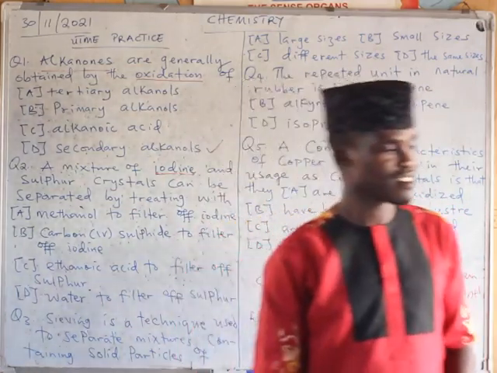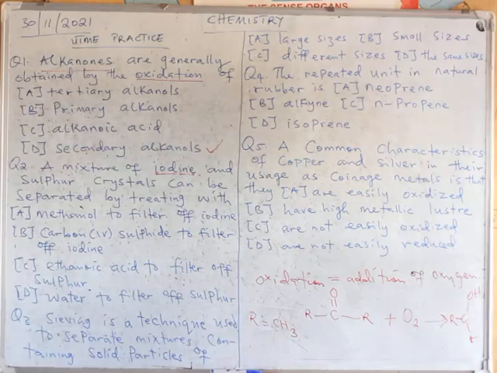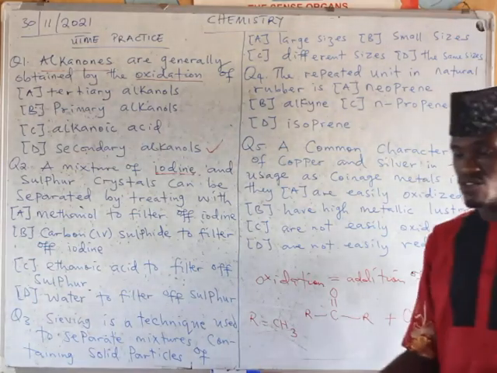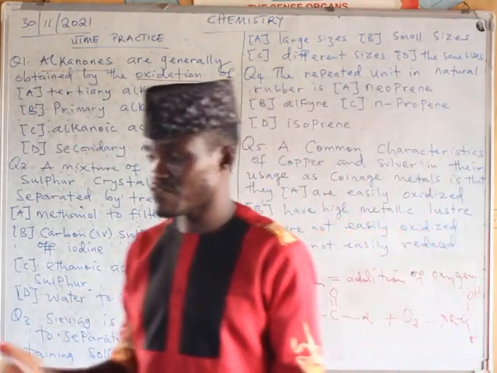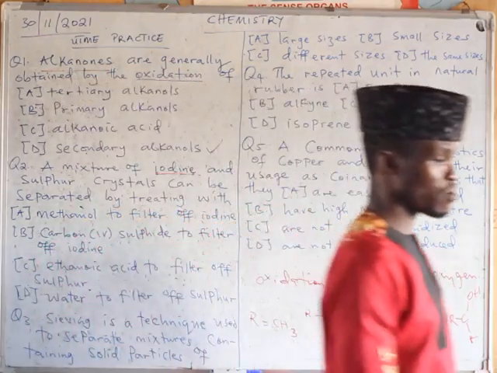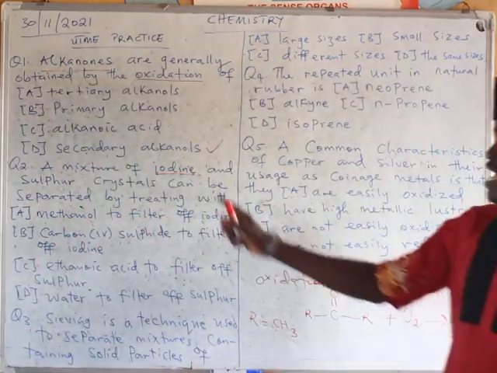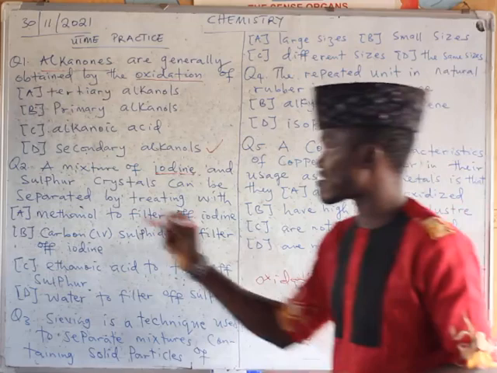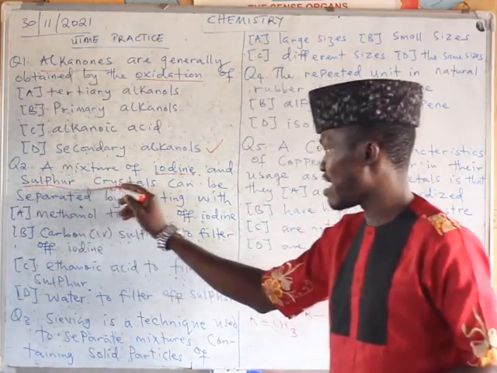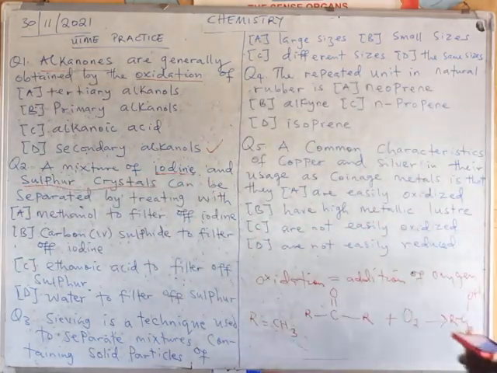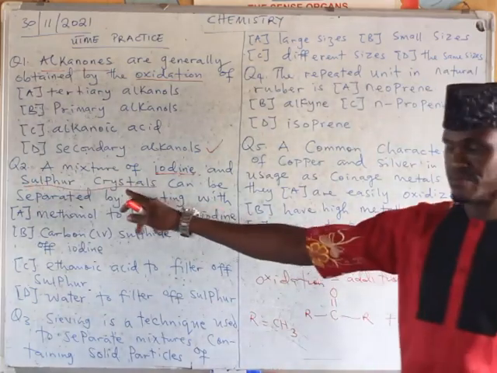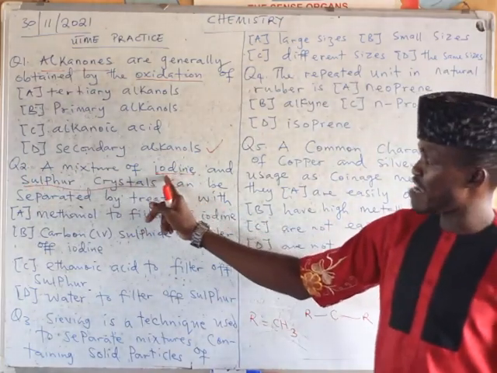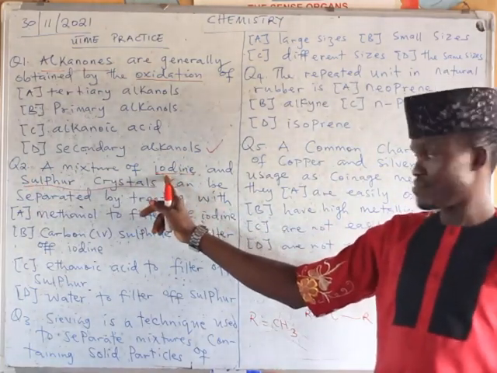So what is sublimation? Changing of a matter in solid form into gas form. Is that not so? That is sublimation. So iodine and sulfur crystals, you can see both of them are mixed together. One of them, like iodine, can sublime.